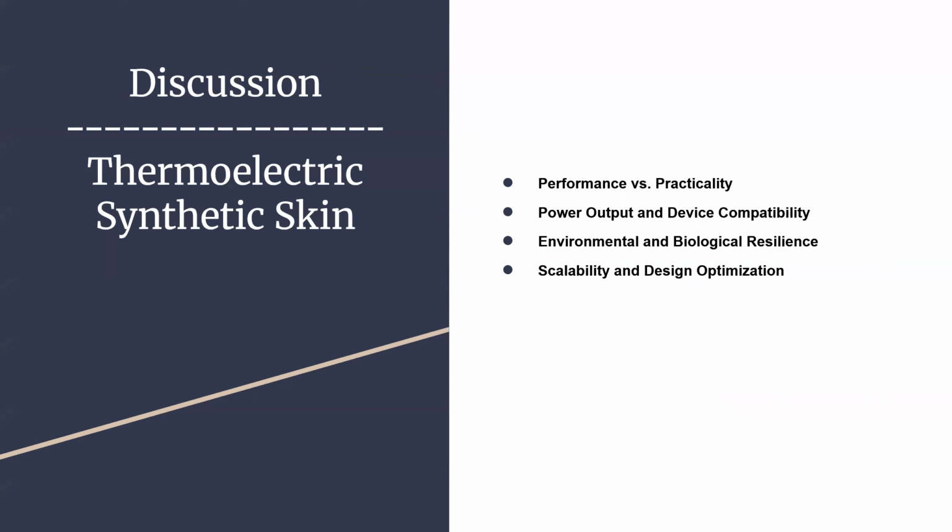So what does all this mean as far as our thermoelectric synthetic skin is concerned? Performance and practicality. The colder the environment you're in, the better this is going to work. As you saw in the previous slides, we're trying to maximize our delta T in order to get the most performance we can out of these devices.